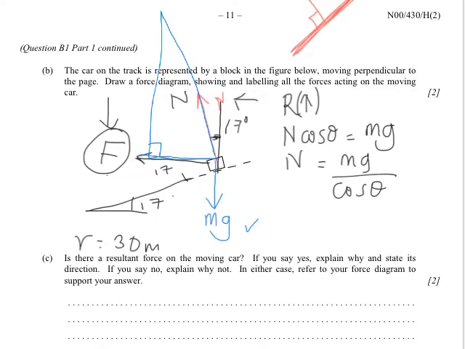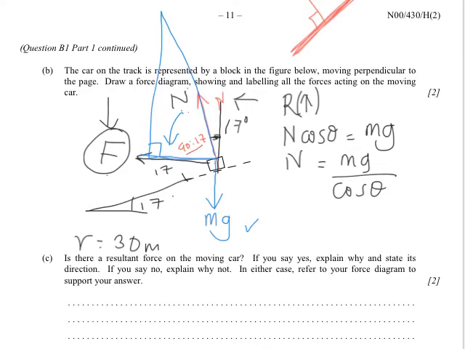The value of F would be equal to N cosine 90 minus 17, which is also equal to N sine 17.